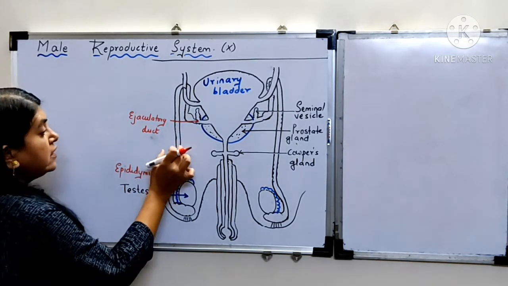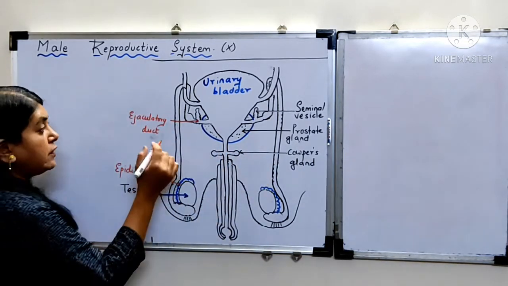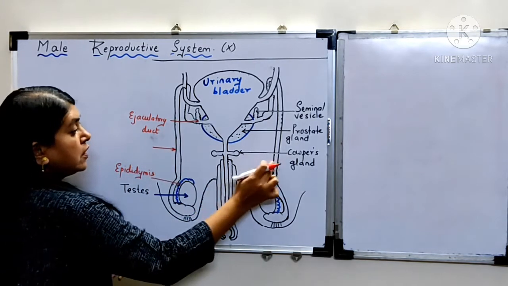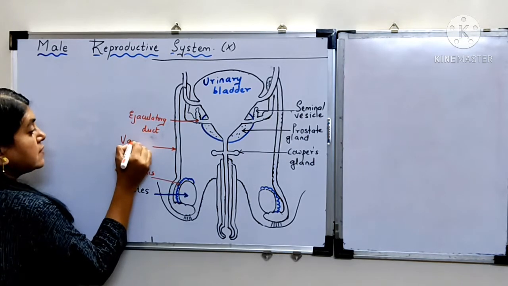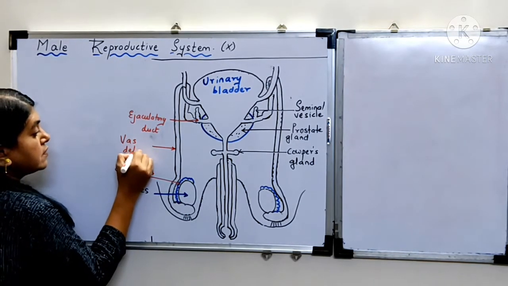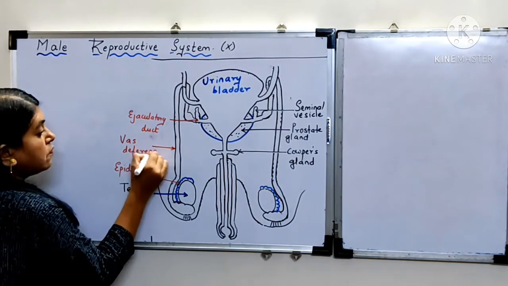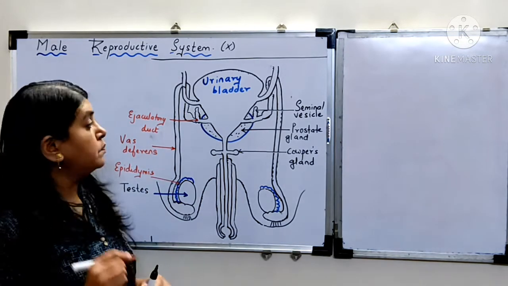epididymis, and these two parallel structures that we have drawn, these two tubes, left and right, are called vas deferens. Vas deferens.